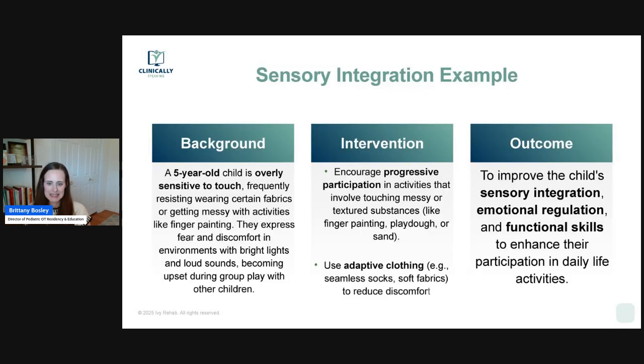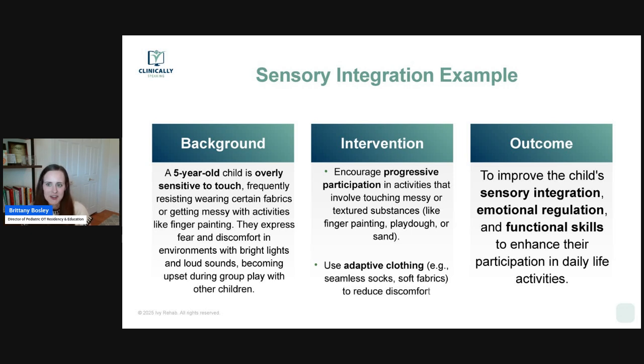So here's a quick example of what sensory integration treatment would look like in an outpatient setting. A 5-year-old child is overly sensitive to touch, frequently resisting wearing certain fabrics or getting messy with activities such as finger painting or Play-Doh.